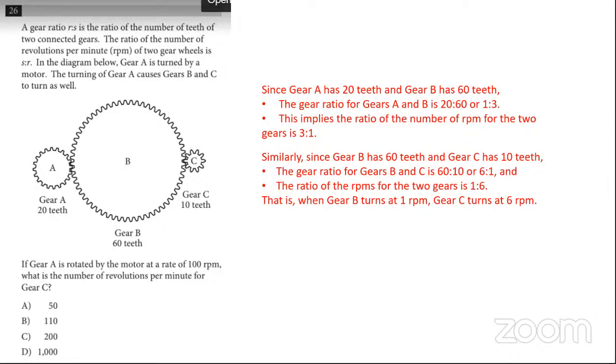Did you get my question? Just use the RPM ratio. Here it is 3:1. So gear A is rotated at 100 RPM. Then at what rate will gear B be rotated?